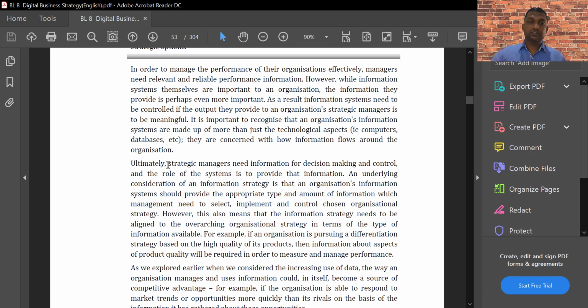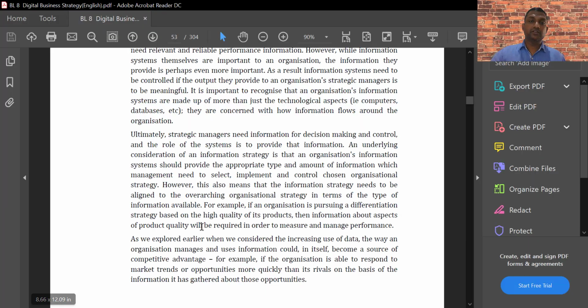So strategic managers need information for decision making and control, and the role of the system is to provide that information. So the underlying consideration of an information strategy is that an organization's information system should provide appropriate type and amount of information which management need to select, implement and control chosen organization strategy. Right.